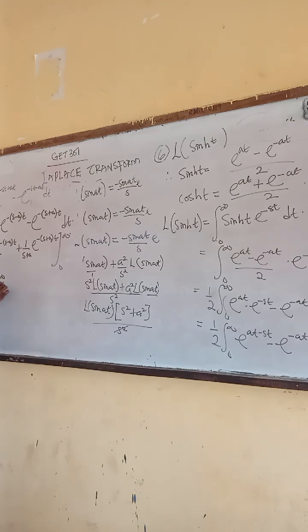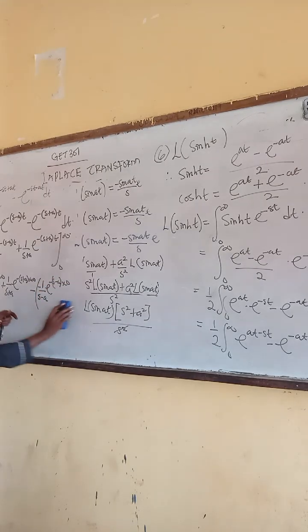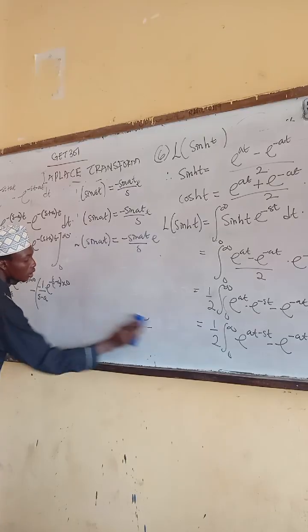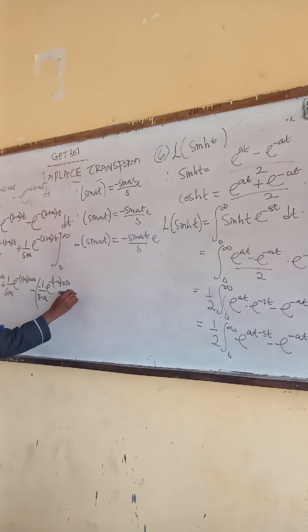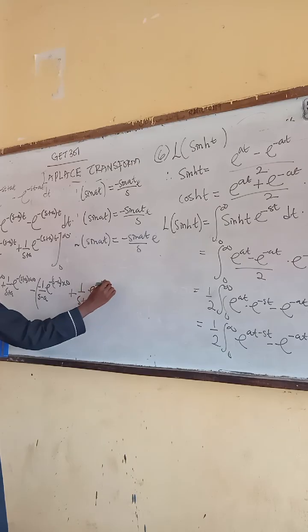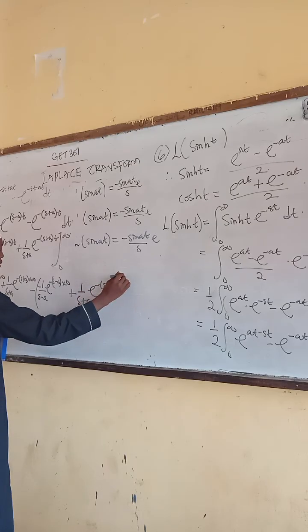Infinity, right? Plus 1 over s plus a exponential minus open bracket s plus a times infinity. Then minus, right? Open bracket again. Minus 1 over what? S minus a exponential minus s minus a times what? 0, plus, right? 1 over s plus a exponential minus open bracket s plus a times what? 0.